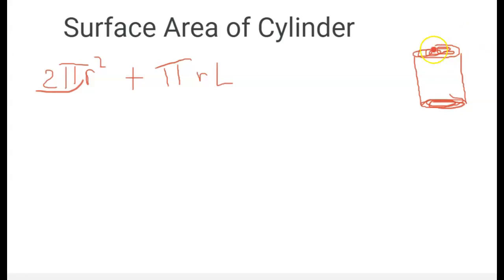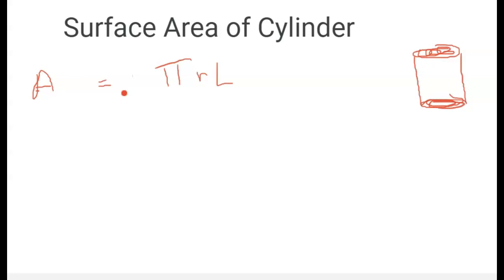Now in the heat exchanger, we don't need the surface area of that side and that side, which means I need to get rid of the pi r square. The surface area is only going to be this formula, because this side and this side are open.